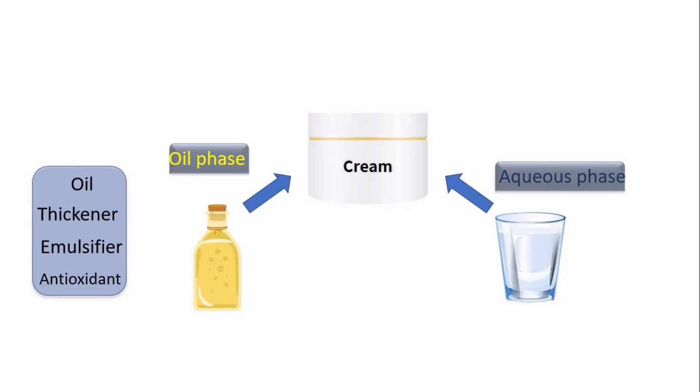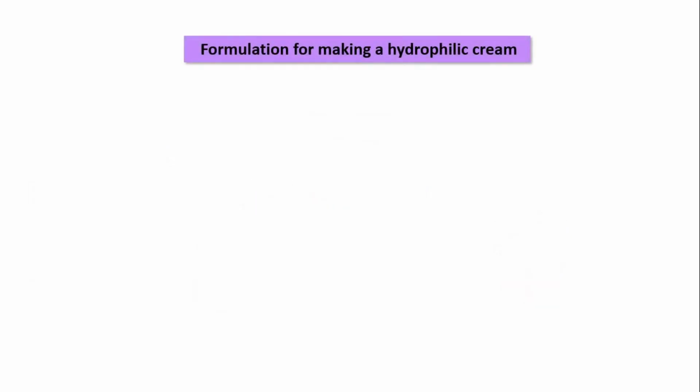Now, as for how a cream is actually made, or what each of these ingredients are, for example, which substances are called thickeners, at what percentages they're used, and how they're made, we've explained all of this in detail in our cream making course.